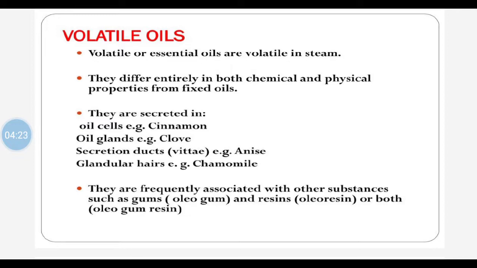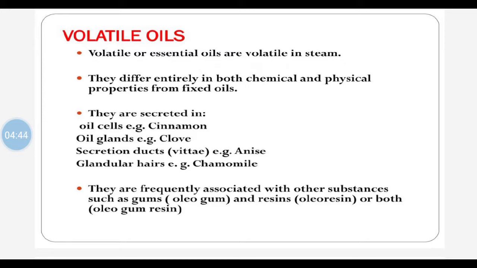Then glandular hairs also are there in some of the drugs where the oil is present. For example, chamomile, or we can take another example of black pepper also, kali mirch, isn't it? So glandular hairs contain the main constituent of the drug.